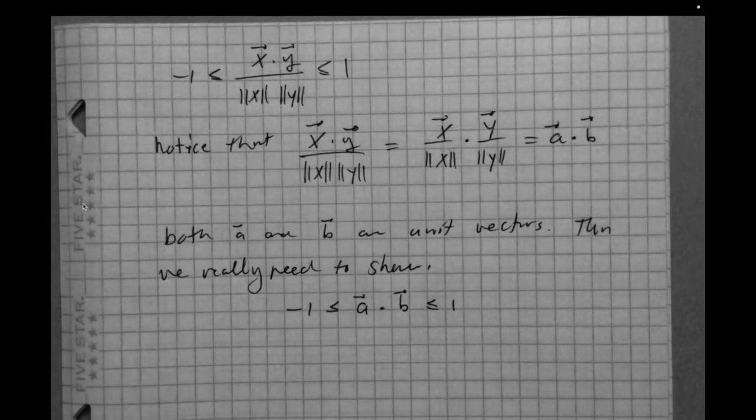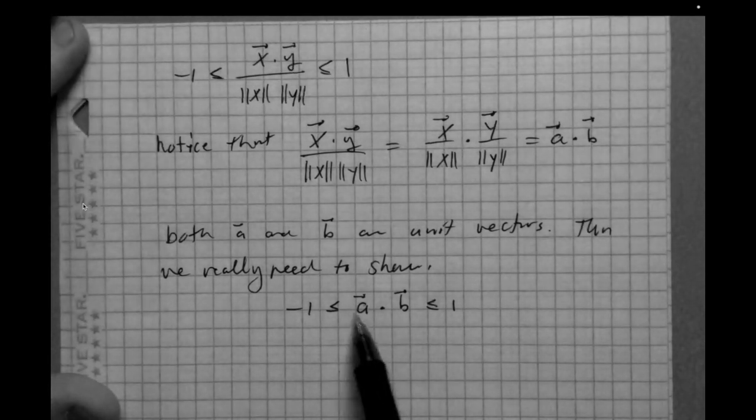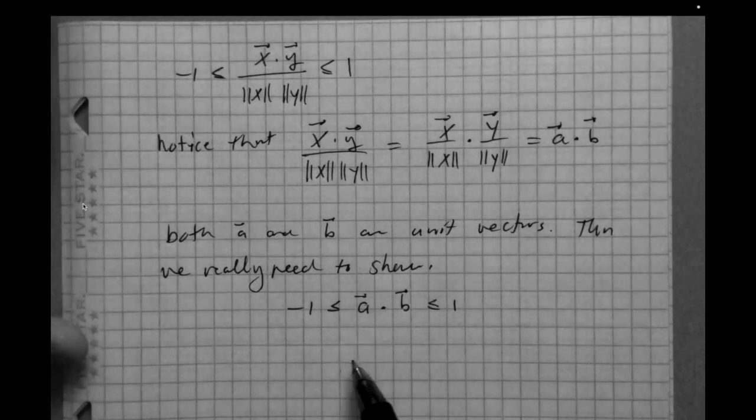Okay. A dot b, so here's where we're going to get a little tricky, right? This is a little bit of a tricky proof, actually. So what we're going to do is expand a dot b in a kind of strange way and show that this all works out, right?